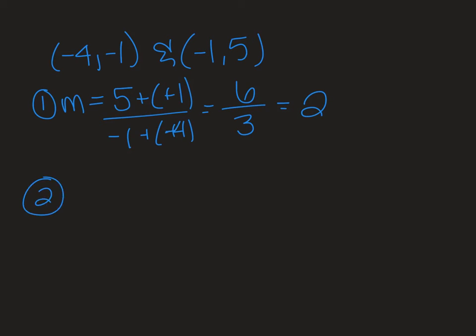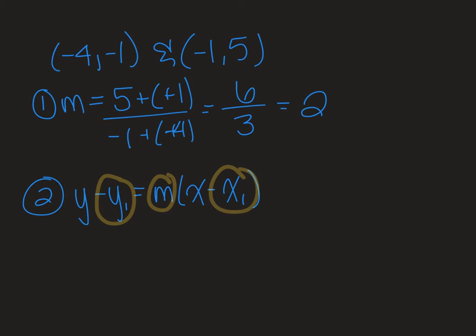Now we need to figure out what the equation of the line is. So I'm going to use my point-slope formula: y minus y1 equals m times x minus x1. You will be plugging in y1, m, and x1. So you can just pick one of the points to use.